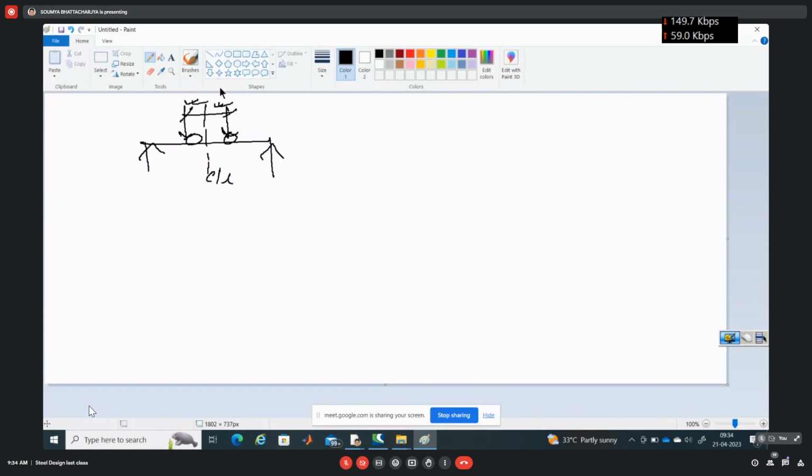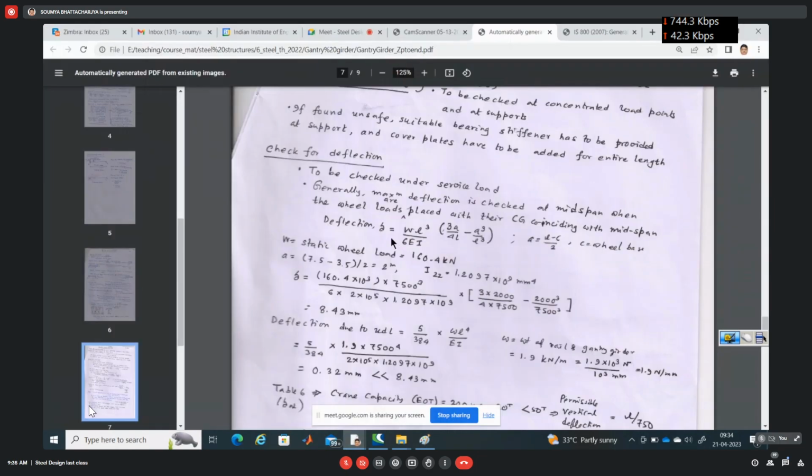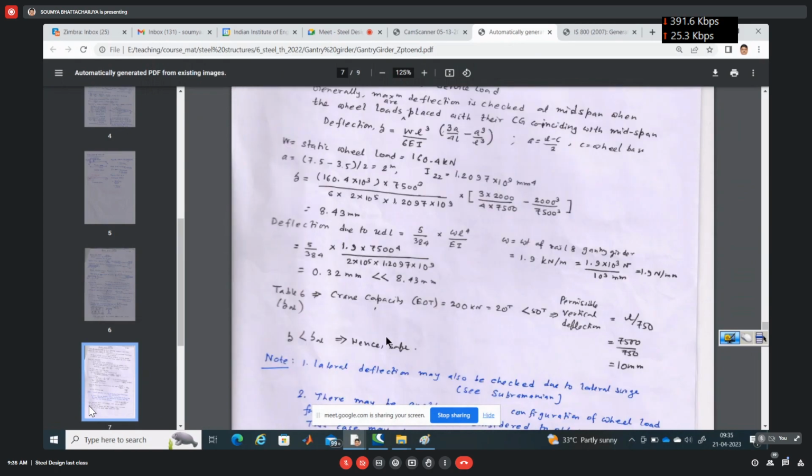Then from the formula you will get delta equal to WL cube by 6EI, 3A by 4L minus A cube by L cube, where A equals L minus C by 2. C is the wheelbase, so you can calculate the deflection, and we check that the deflection is less than L by 750 as per table 6, so it is safe.